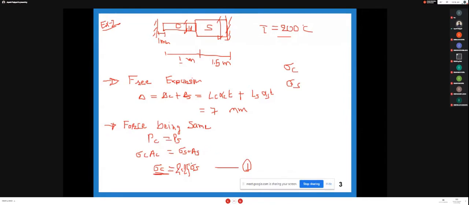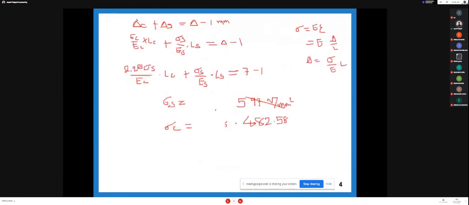Okay, so this is the first equation. Now, to calculate the stress induced in each material, we require the second equation. What is the second equation? That is a very simple one. After completing this 1 mm gap, some stresses are developed. You can see this is the equation we already derived previously: change in length of copper plus change in length of steel is equal to net delta.